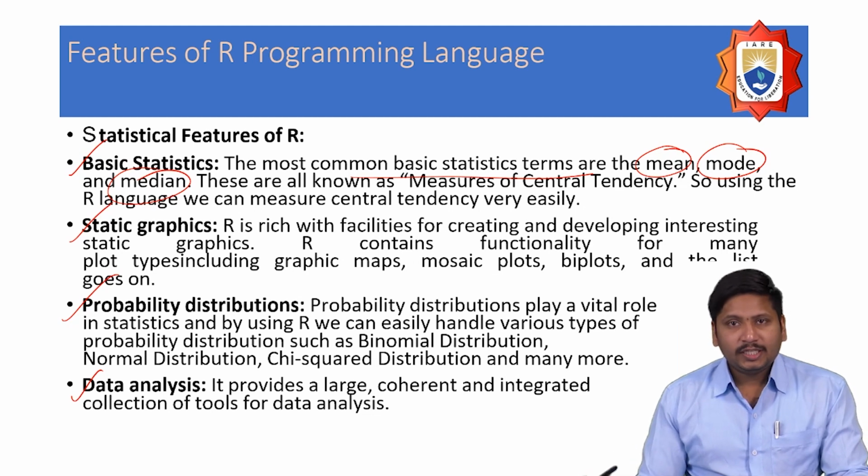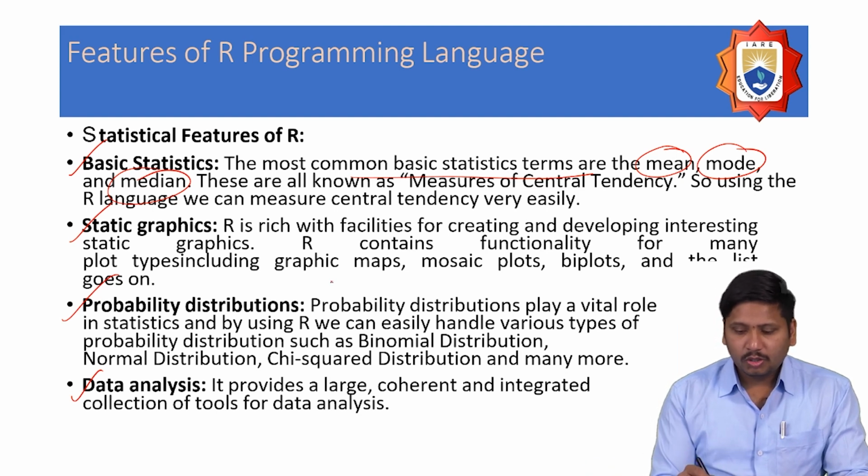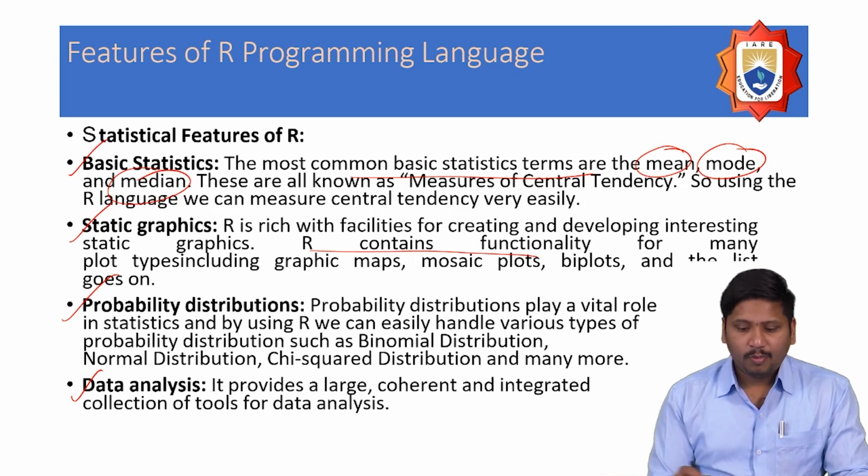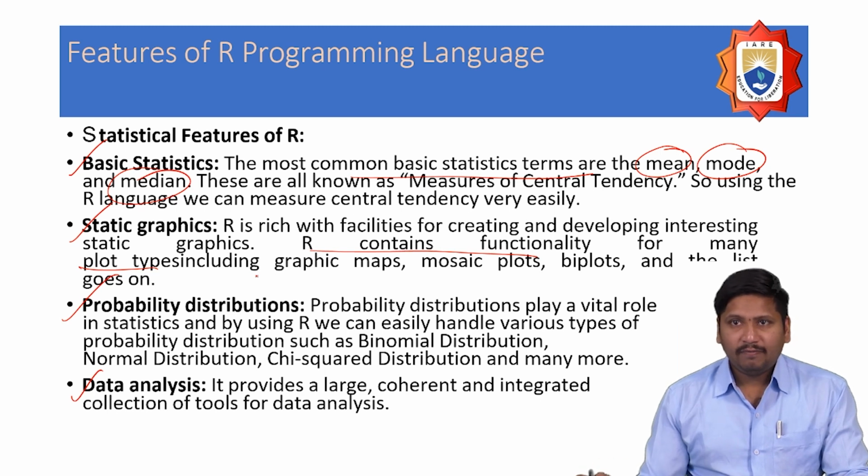And then the next one is static graphics. This is also rich in facilities for creating and developing static graphics. Normally R contains the functionalities for plotting types, including graph maps, mosaic plots, biplots, and the list goes on.